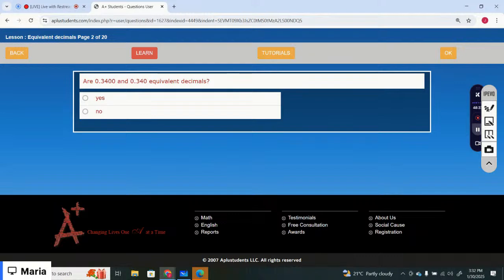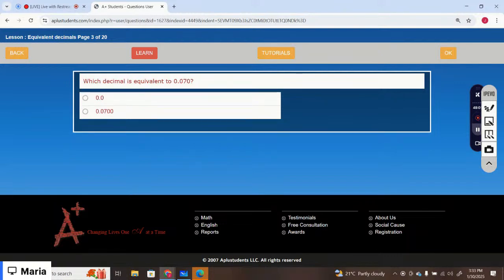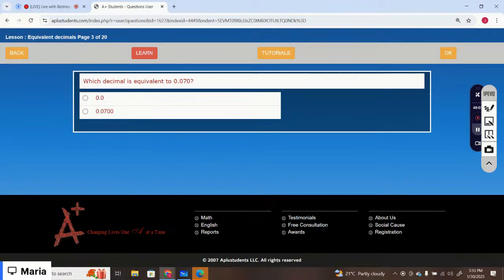Are 0.3400 and 0.340 equivalent decimals? Yes, they are equivalent. Option number one is the correct option. Which decimal is equivalent to 0.070?